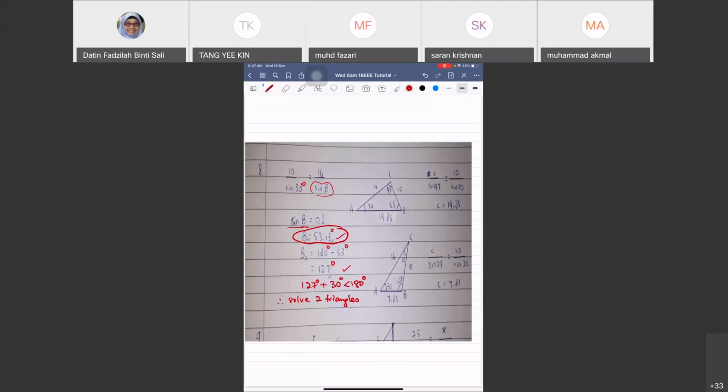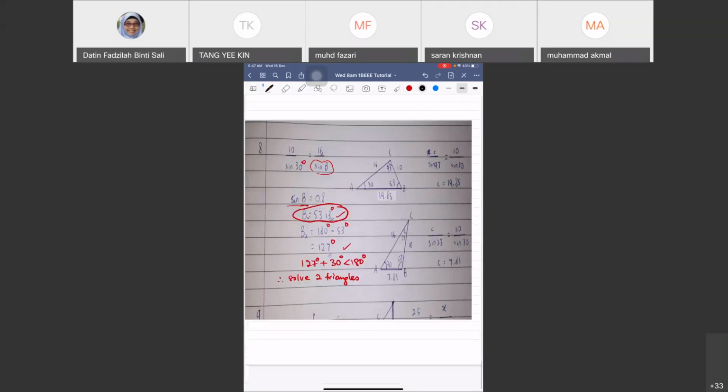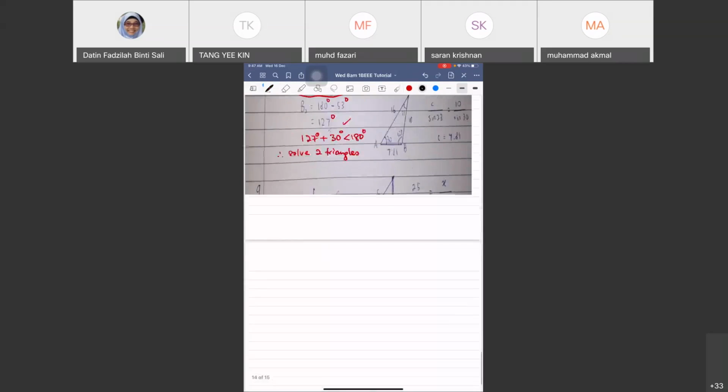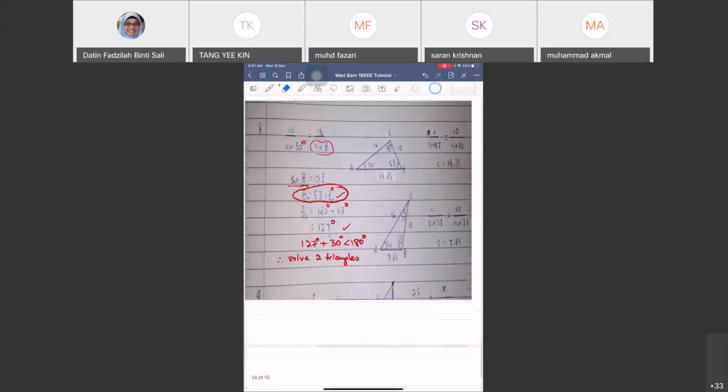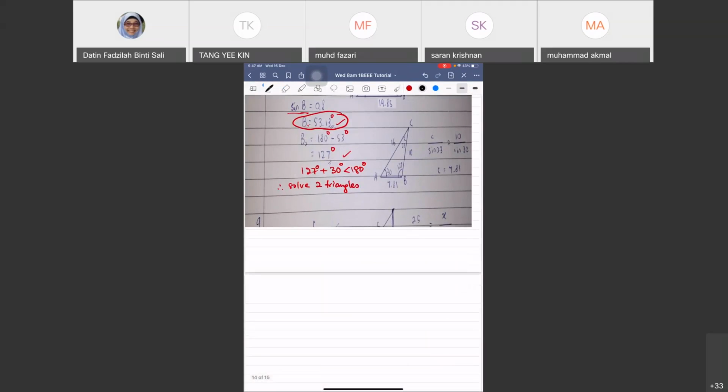That's how we do it. From the question, you just follow whatever is given. A is 10, b is 16, and angle A is 30 degrees. So triangle 1.